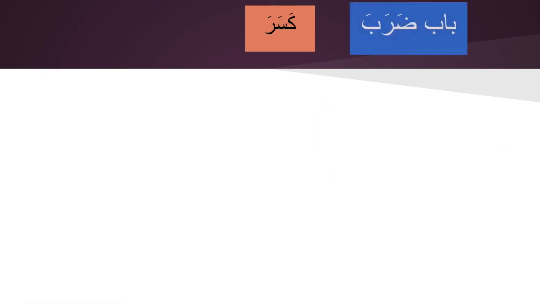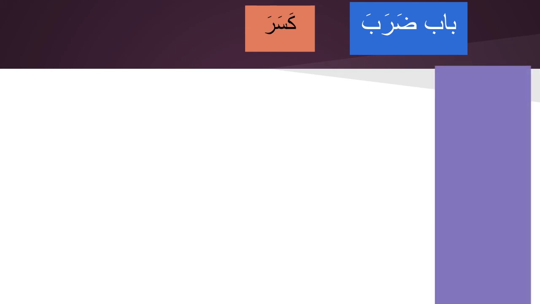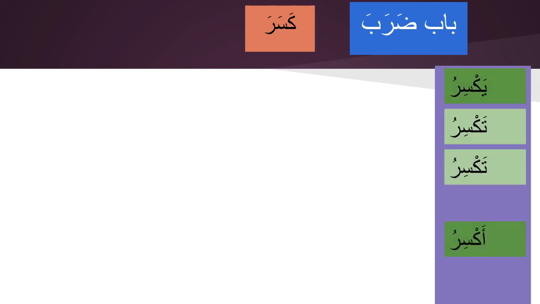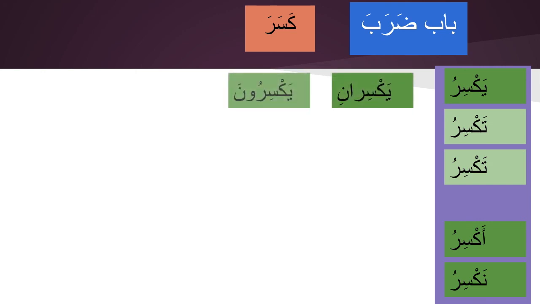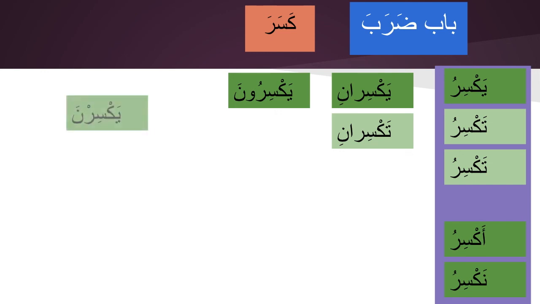Kasara is bab daraba. Daraba means yadribu. So kasara yaksiru. So 5 in your pocket. Yaksiru, taksiru, taksiru, aksiru, naksiru. So we do full conjugation. Yaksiru, yaksirani, yaksiruna, taksiru, taksirani, hunna yaksirna.